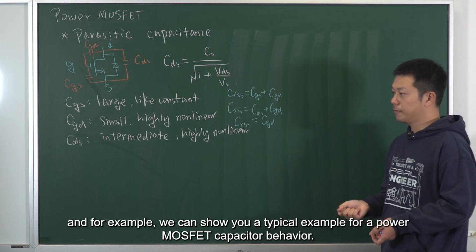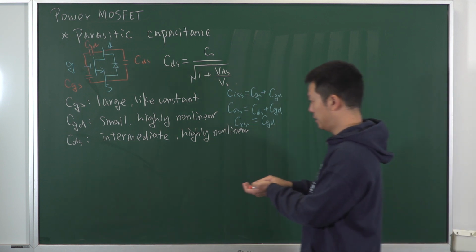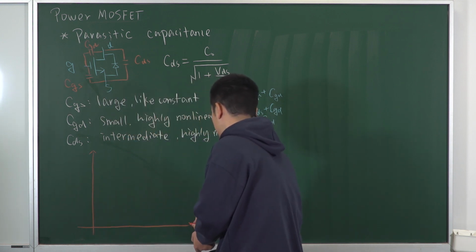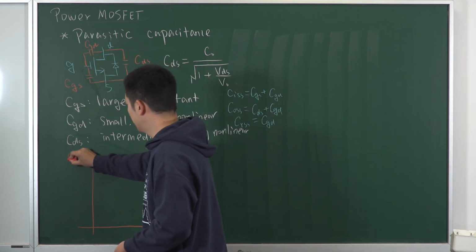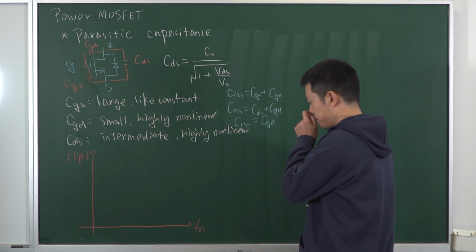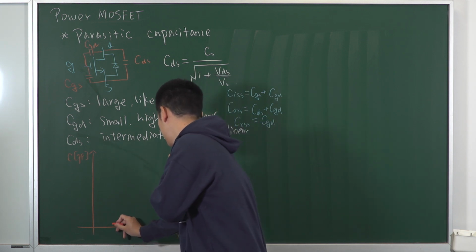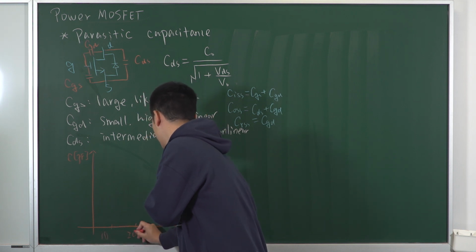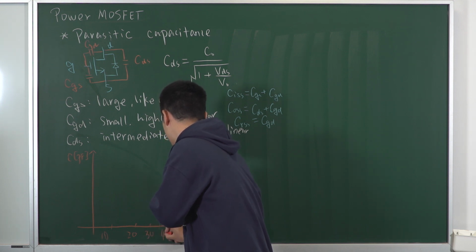And for example, we can show you a typical example of a power MOSFET capacitance behavior. VDS, and the capacitance value, usually in the dimension of picofarad. So suppose 50 volt, 10, 20, 30, 40.